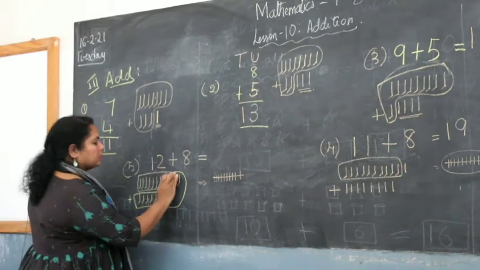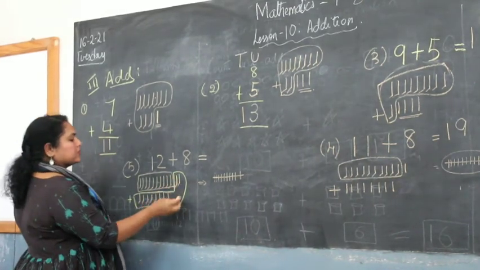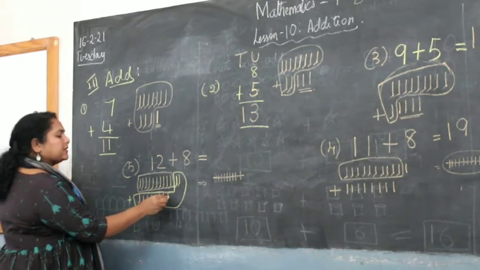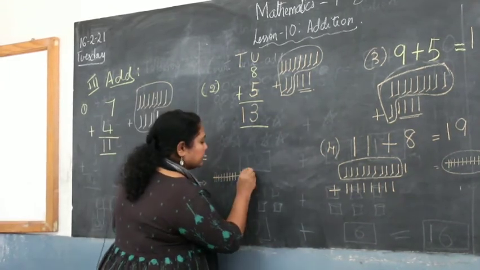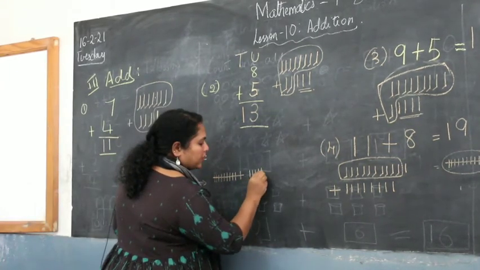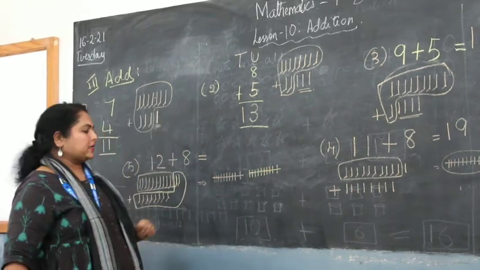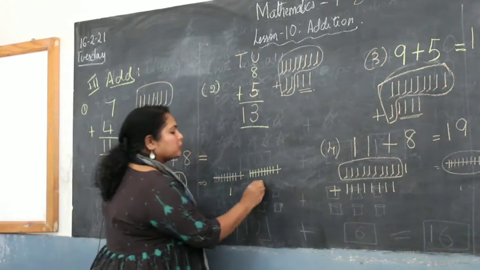Got it? So we have 10 more sticks. So even that we will write here and make 10. This is one group of 10. So we have one group of tens here, another group of tens here.